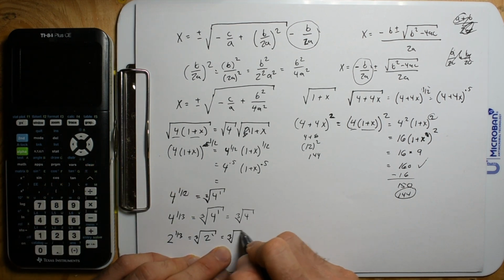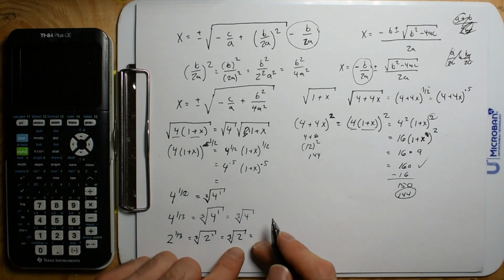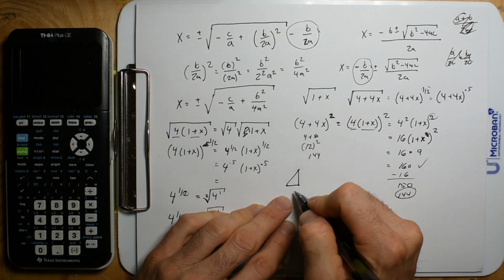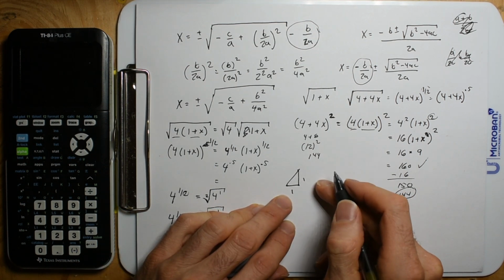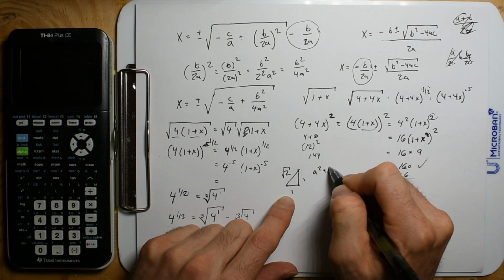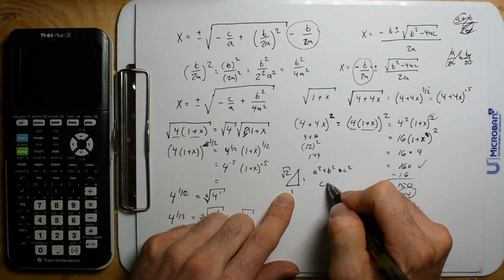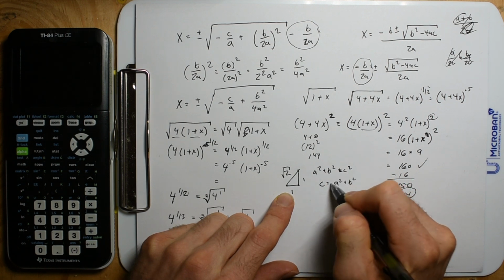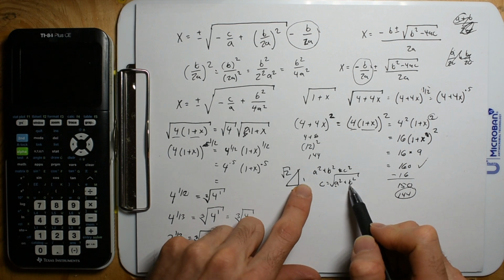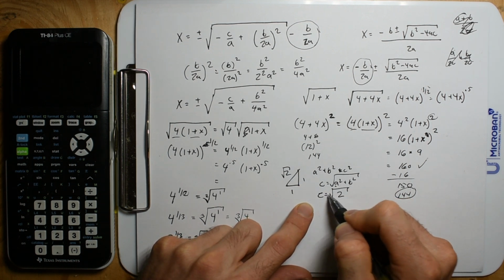I bring this one up in statics, because if you have a triangle that's 1 by 1, this is the square root of 2, and because of Pythagorean's theorem, a squared plus b squared is equal to c squared, so c is the square root of a squared plus b squared. The a term is 1 squared, that's 1, b squared is 1, so we have the square root of 1 plus 1, that's 2, cool.